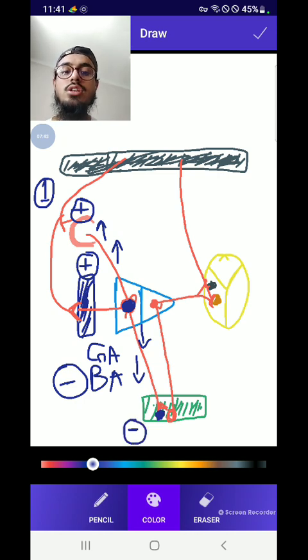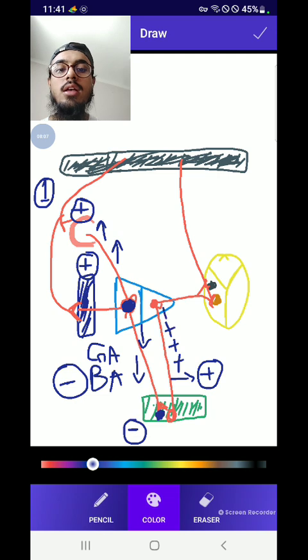When there is less stimulation from the GABA receptor towards the subthalamic nuclei, it means there is less inhibition of it, so it is more excited. The subthalamic nuclei, which are also glutaminergic neurons, release glutamate. So the action potential going towards the globus pallidus internus is very high.